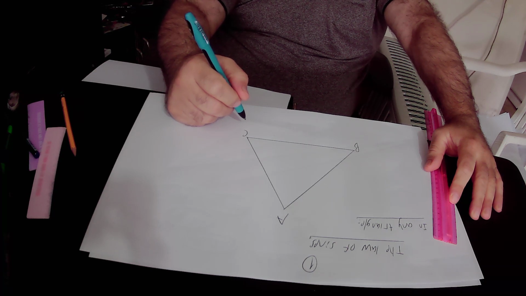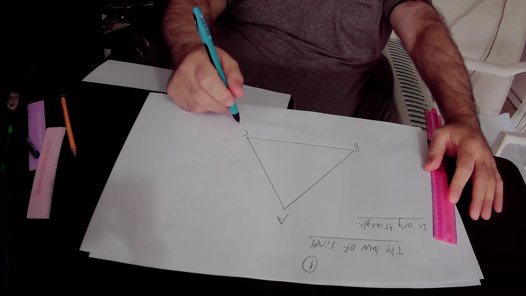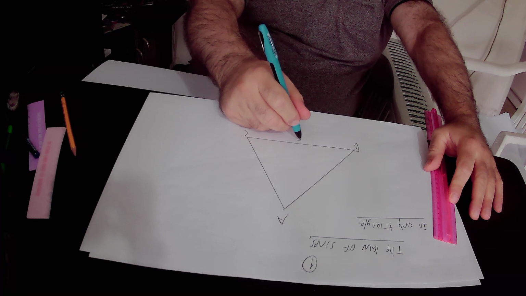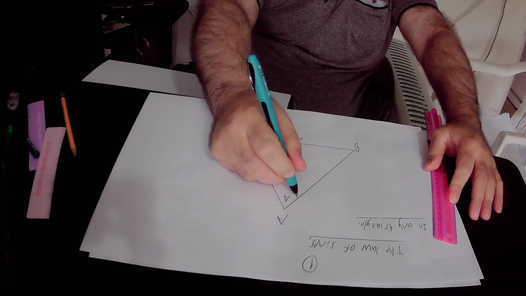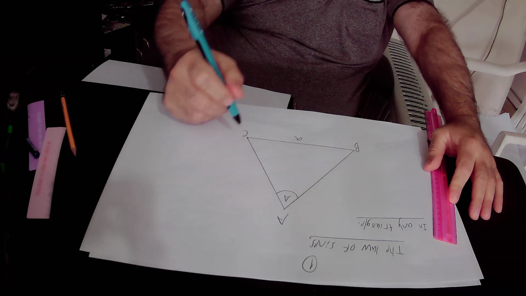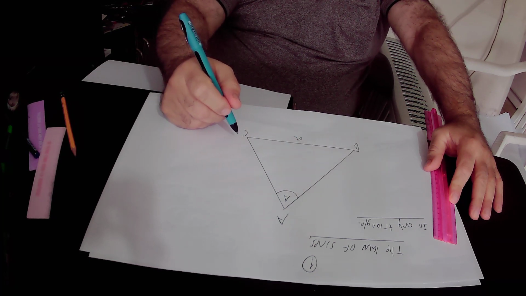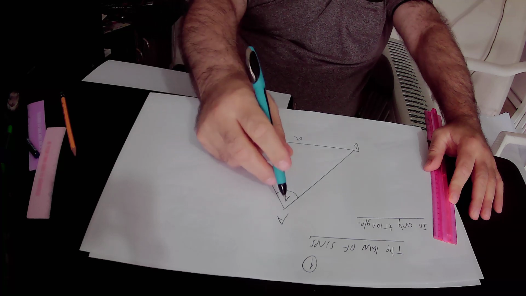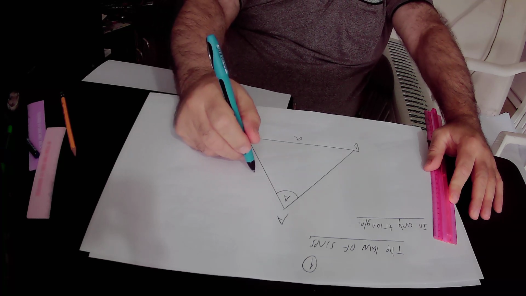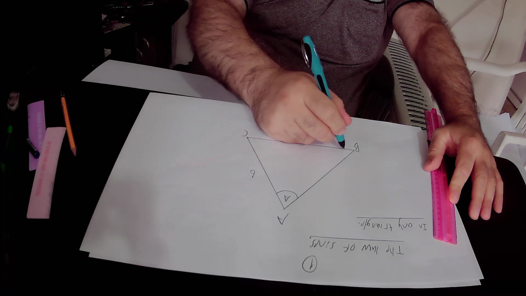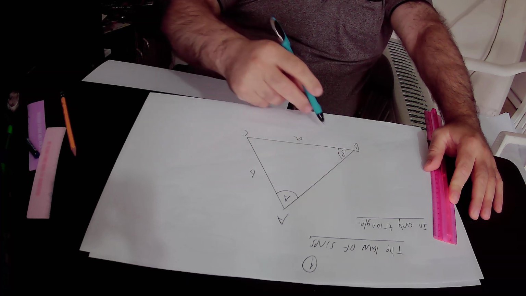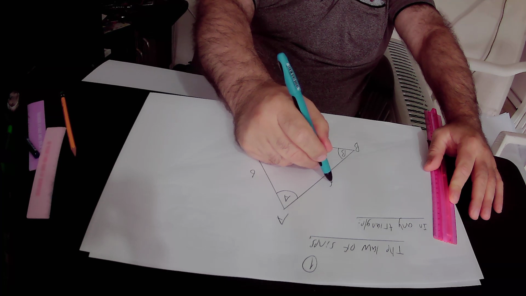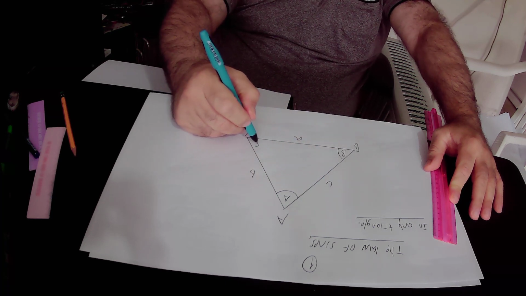And we know that the length of side BC is equal to A units, and this angle is angle A. We also know that the length of side AC is equal to B units, and this is angle B, and the length of side AB is equal to C units, and this is angle C.